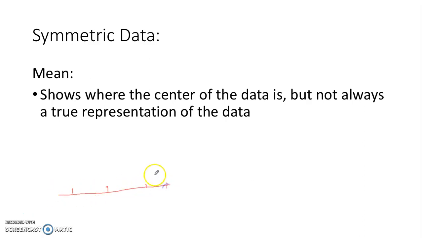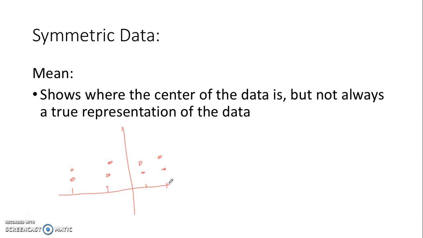Okay, maybe we have some points right here and we have something that looks like this, and your mean is down the middle. You can see that, besides my poorly drawn figure, it's symmetric, it's equal on both sides.